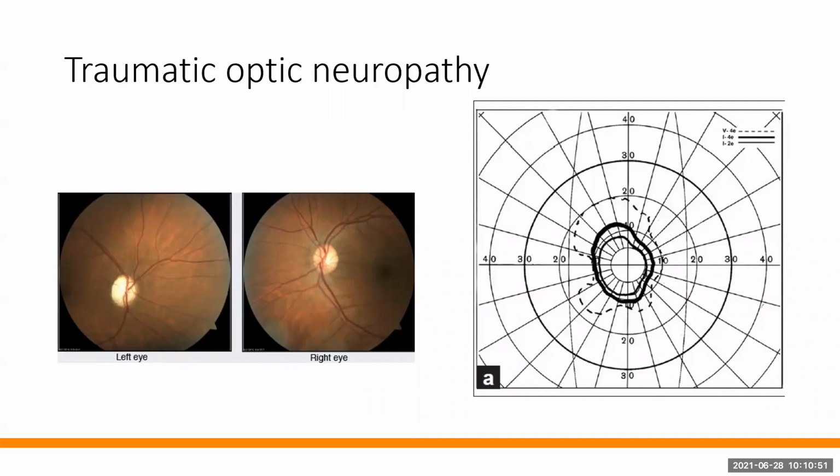We don't currently have a neuroprotective therapy in clinical practice, but there's a strong need, one, to develop that neuroprotective therapy, and two, to find a way to administer it. And part of the problem with administering therapies for traumatic optic neuropathy is ease of access. These patients are often severely injured, and they often don't get to see an ophthalmologist very quickly after their trauma.